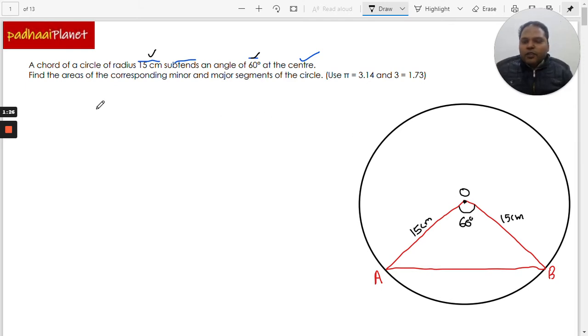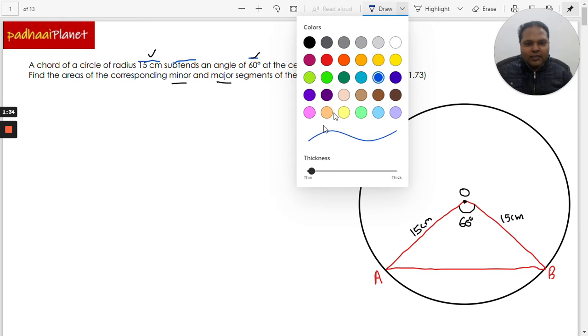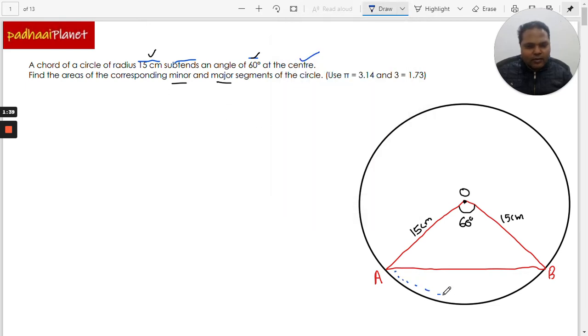Now what we need to do is find the areas of the minor and the major segments. So first let's understand which is the minor segment. This is the minor segment, this blue part, where I am going to put these dots, which is created by the chord AB.